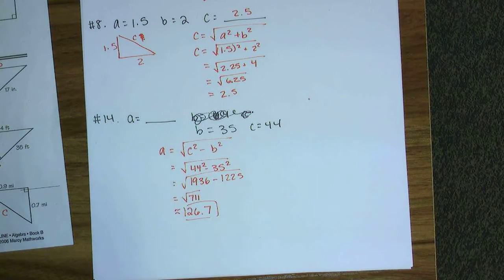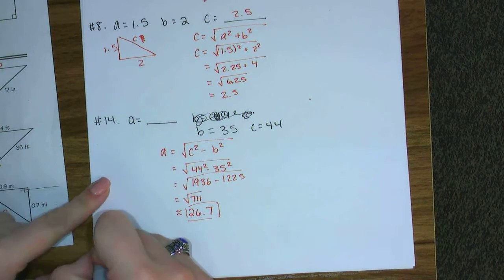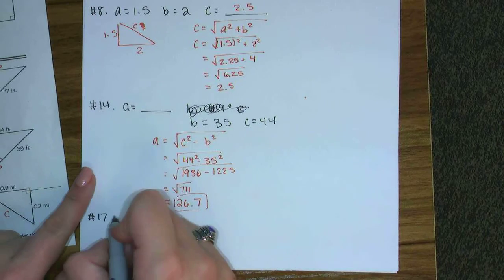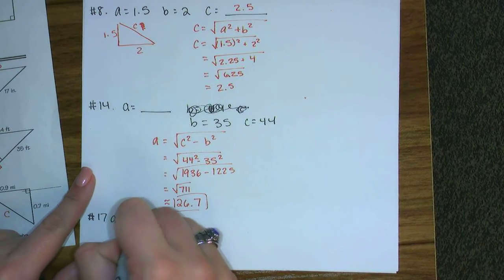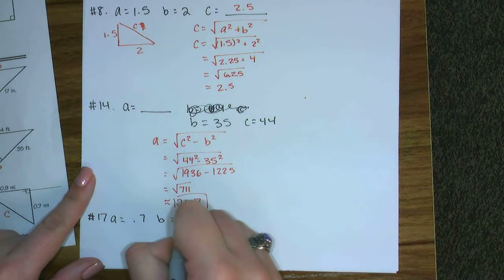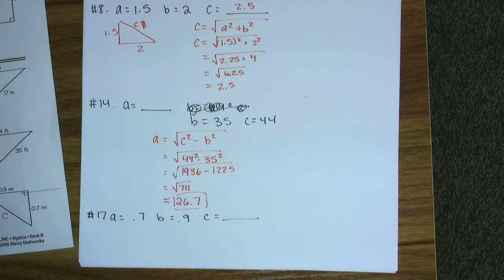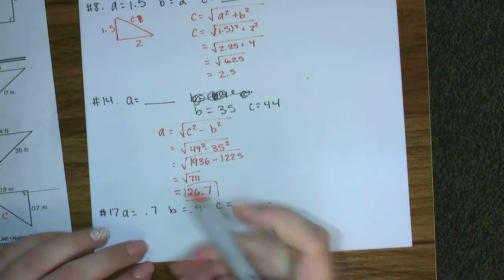We're going to see if I can fit it down here on the bottom. 17, so we have A is equal to 0.7, B is equal to 0.9, and C is equal to, we don't know. Since it already gives us a triangle, I'm just going to start filling stuff in.